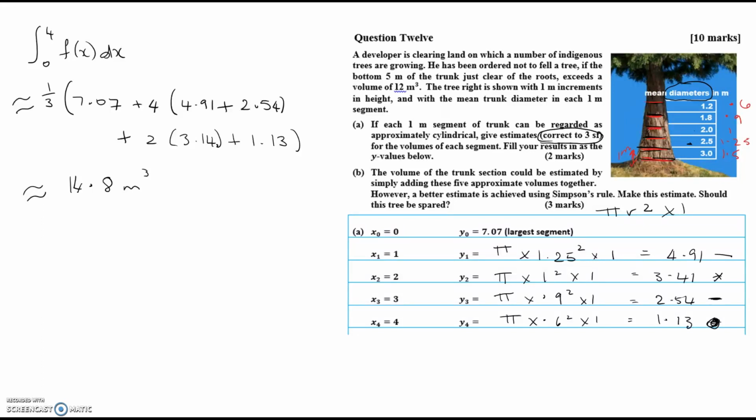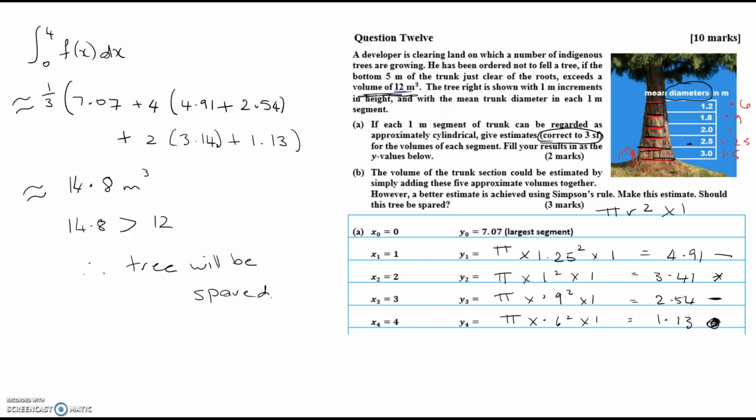It says the volume of the trunk section, and so on. Now, will the tree be spared? The tree will be spared, and go back to here, you will be spared if the volume is greater than 12. Okay, so 14.8 is obviously greater than 12, so the tree will be spared.